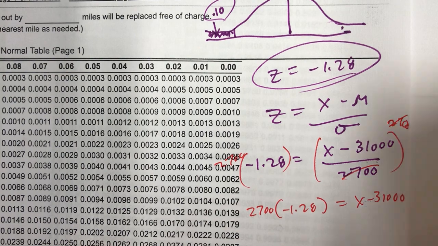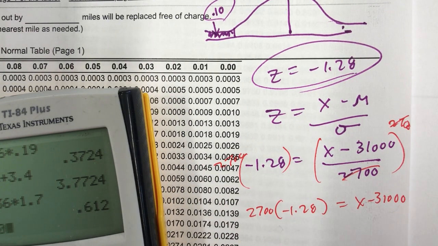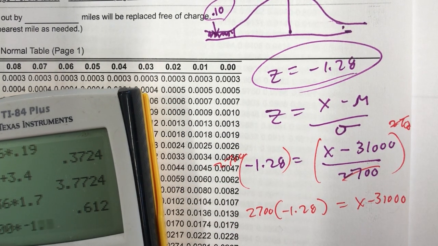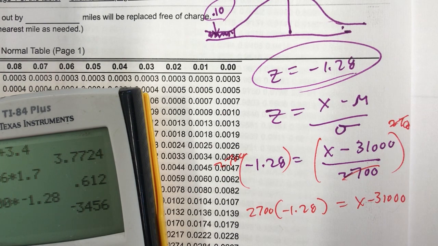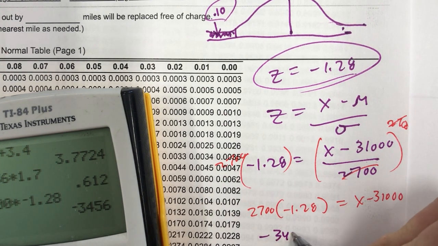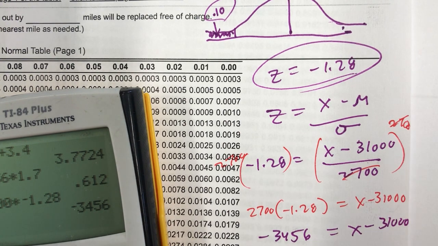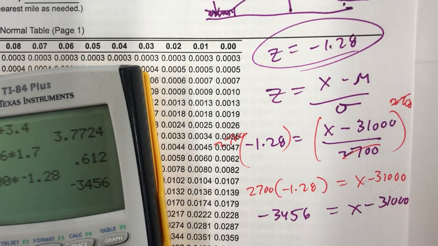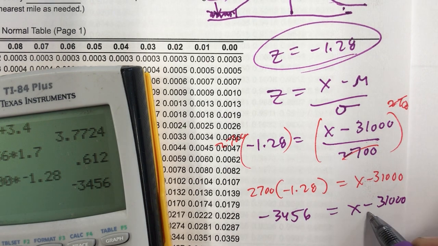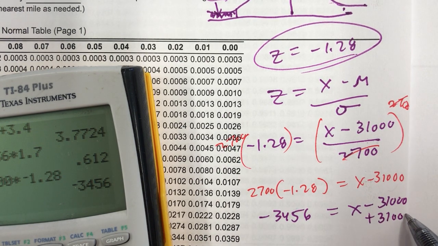So 2,700 times negative 1.28, that comes up to right there. Okay, so I'm going to add 31,000.